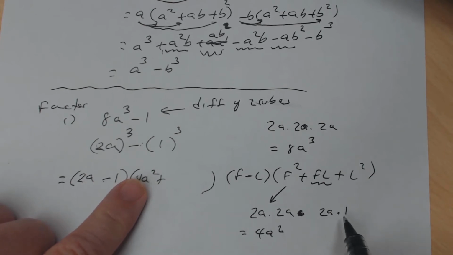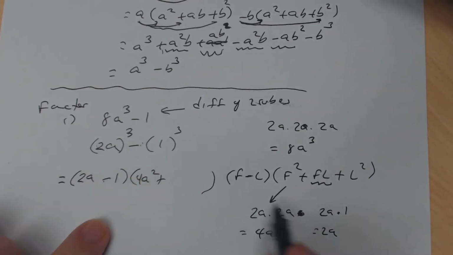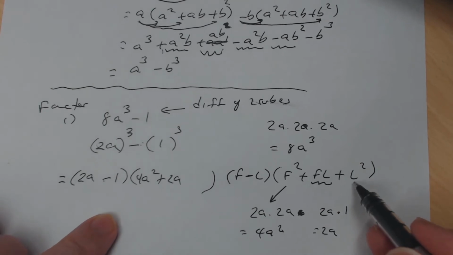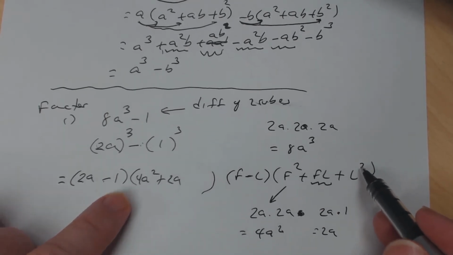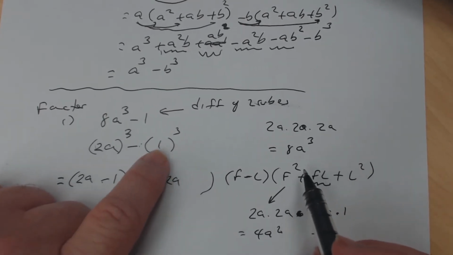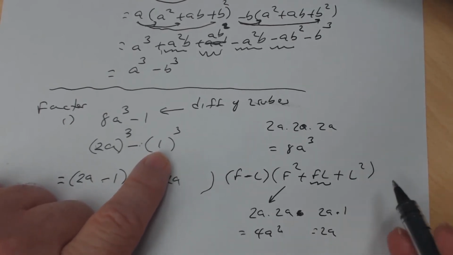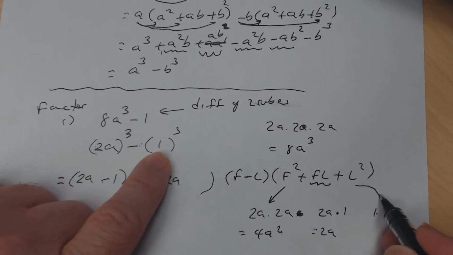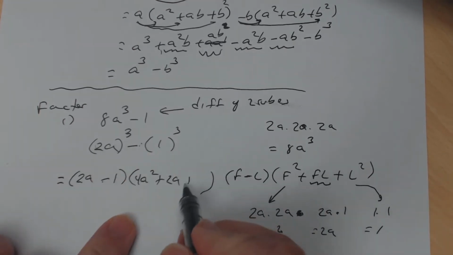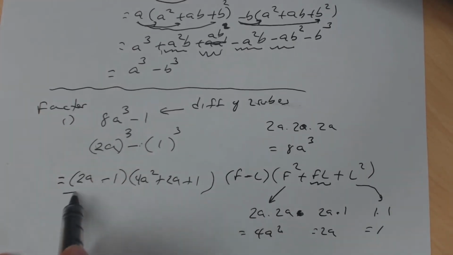So 2a times 1 is 2a. So that goes here. And then this says I take that second parentheses, that base, and I square it. Well, 1 times 1 is 1. So that goes here, plus 1. And so that's your answer.